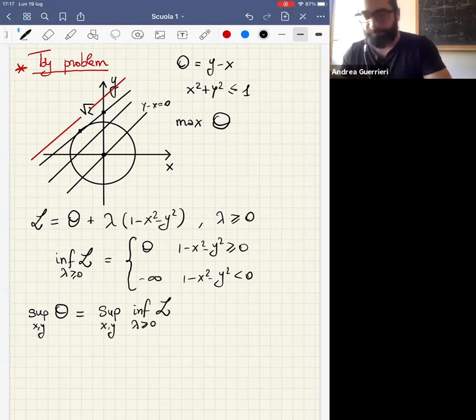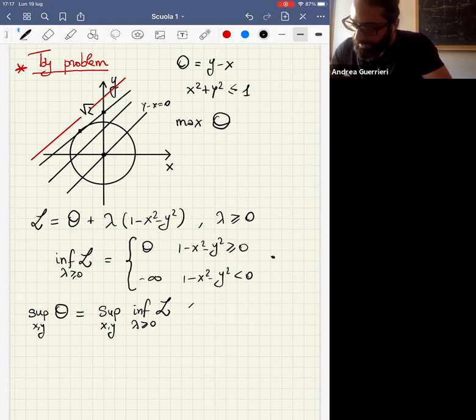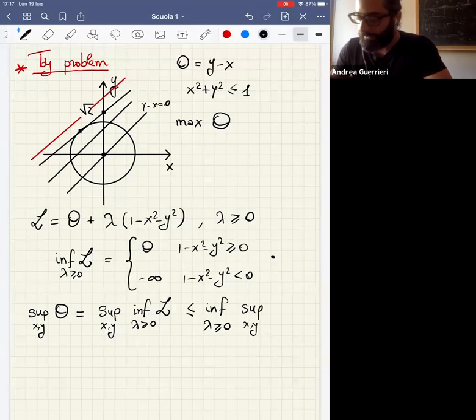This is an identity that follows from the identity here. Now we can use the max-min inequality and exchange sup and inf. So if we exchange the inf and sup, we get that this is less or equal than the inf over lambda positive of the sup over x and y, which is unconstrained, of the Lagrangian.